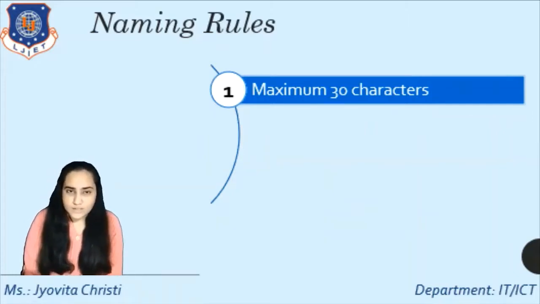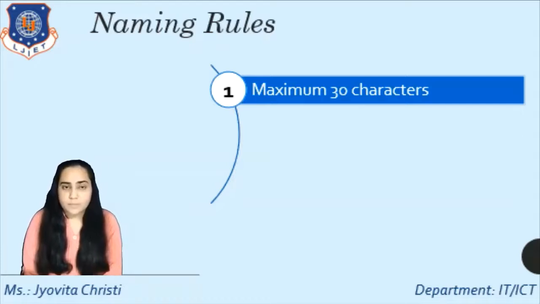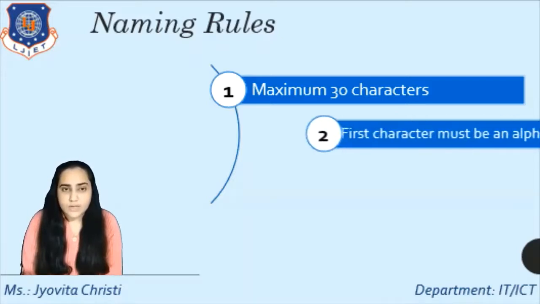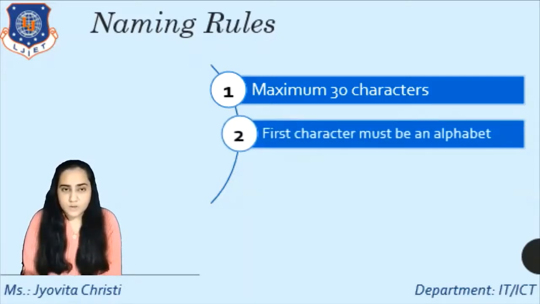So it cannot exceed the 30-character limit, whatever name you choose to give it. And the second condition is that the first character of every identifier must be an alphabet, either a lowercase alphabet or an uppercase alphabet.